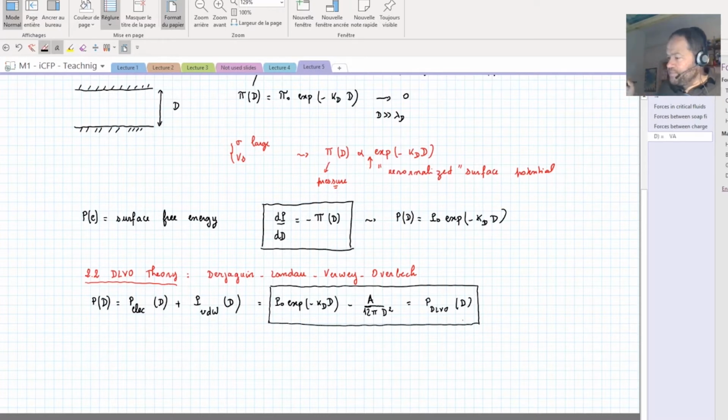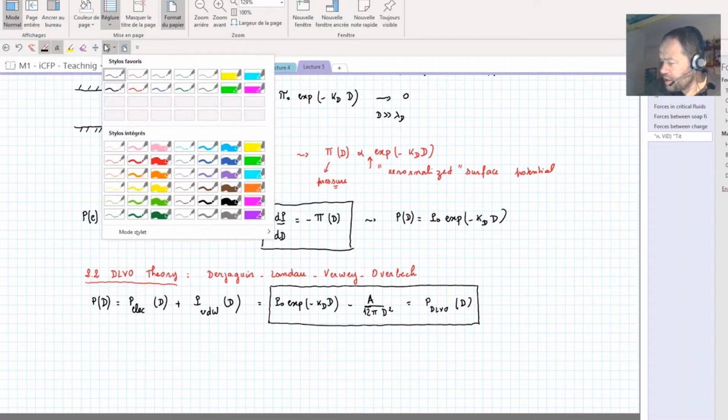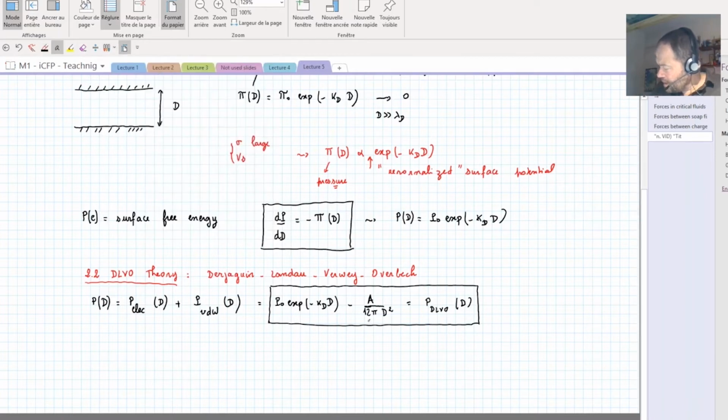Well, I think that I should make a remark here because I didn't define that before. I could use exactly the same idea that I have done before. Here, in the electrostatic case, I calculated the force, or rather the pressure, and from the pressure I went to the surface free energy.